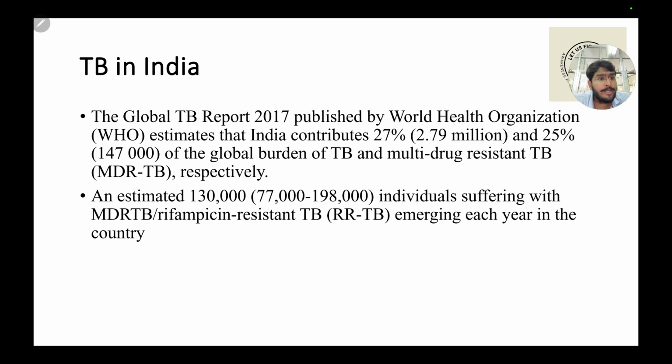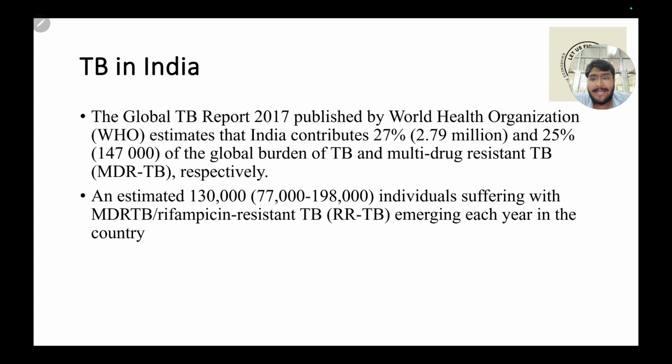If you see the WHO report, World Health Organization report, which was published in 2017 with respect to global tuberculosis incidences, it is very, very disheartening to see that India contributes to 27% of TB cases in the entire globe, which is around 2.79 million cases every year.